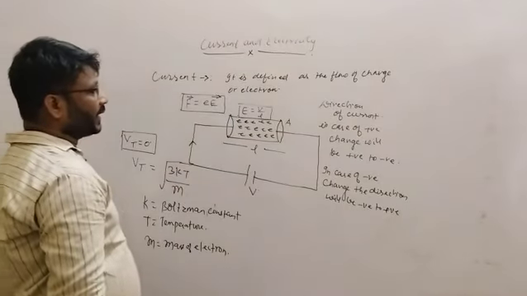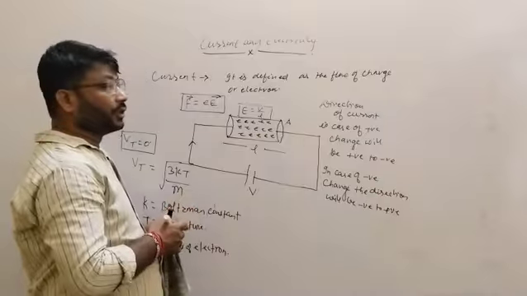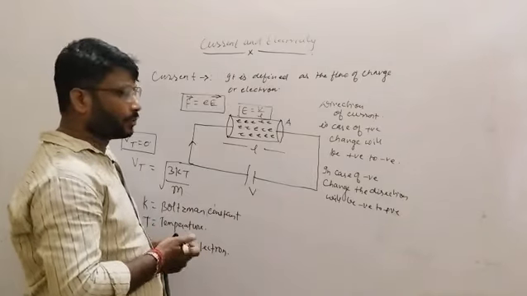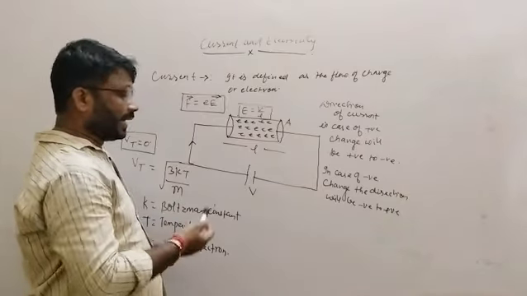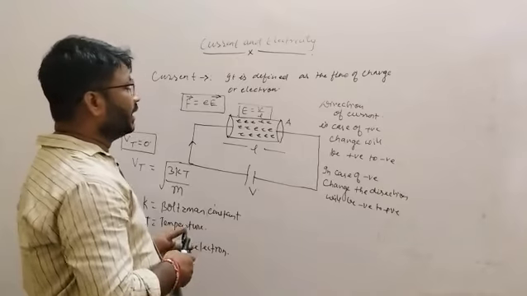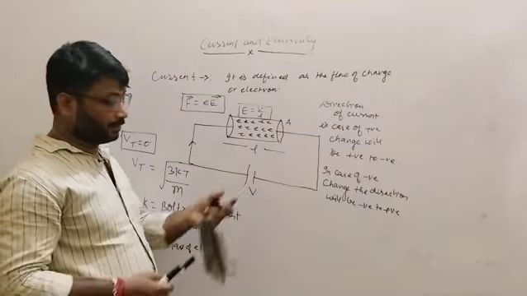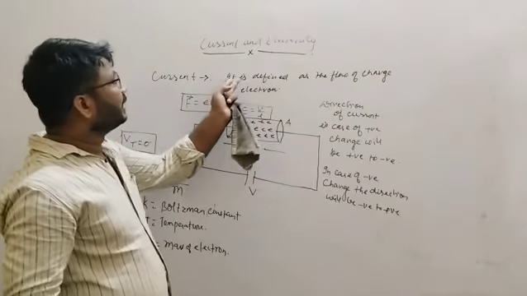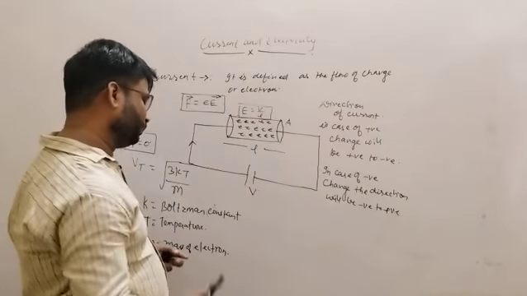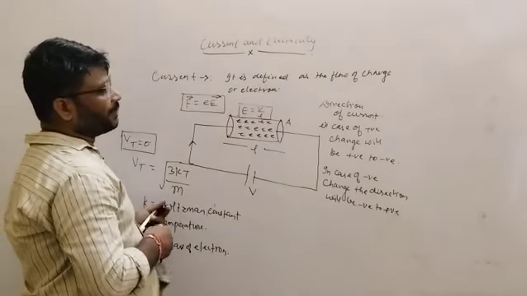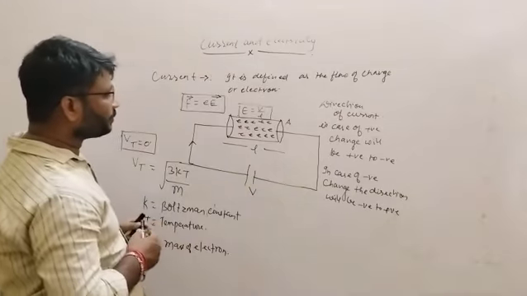So the current is generally caused due to the flow of electrons inside the conductors. These electrons inside the conductor constitute current. Current is defined as the flow of charge or electrons.